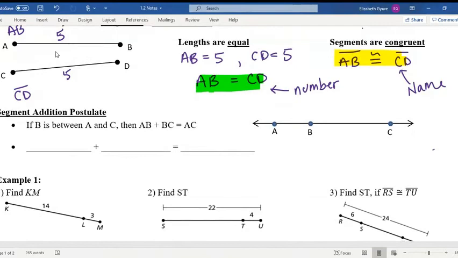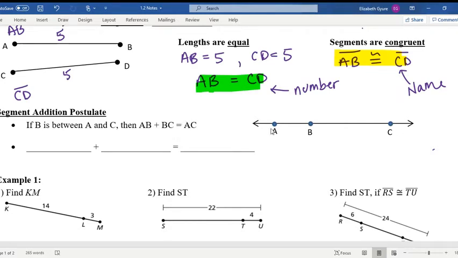All right. Segment addition postulate. This is where we get to solve some problems. What the segment addition postulate says is if point B is between points A and C, which if you look at this picture, it is, point B is sitting between A and C on this line, then the measure of AB plus the measure of BC equals the measure of AC.